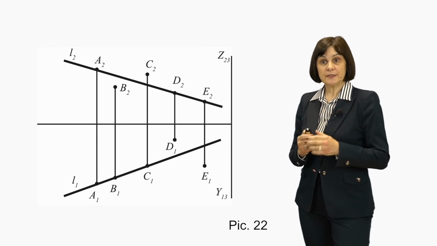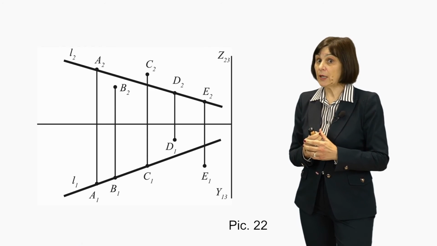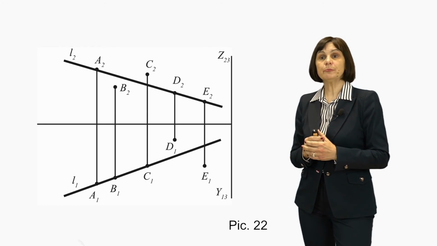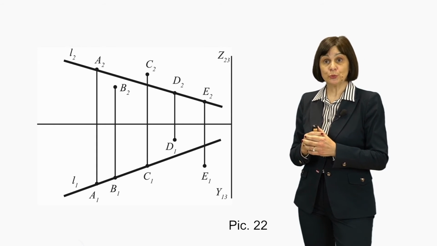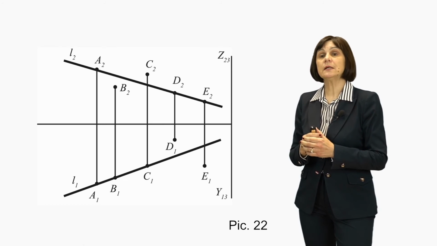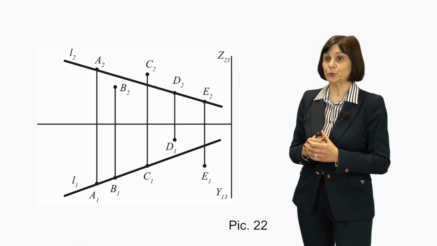We have point A1 on the projection of the line L1, and on the frontal projection plane we have the same point A2. It is also located on the projection of the line L2.